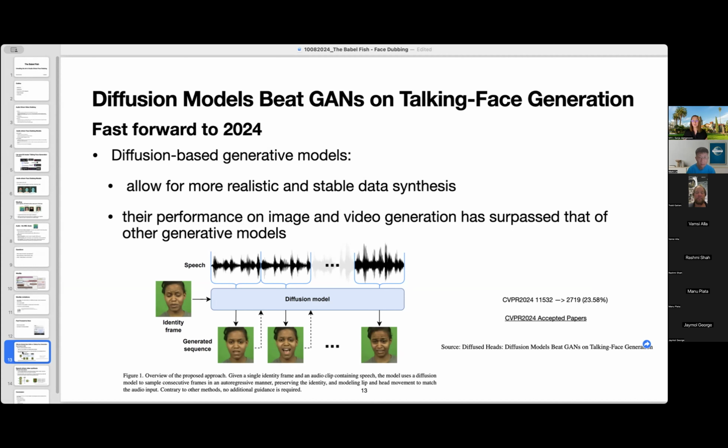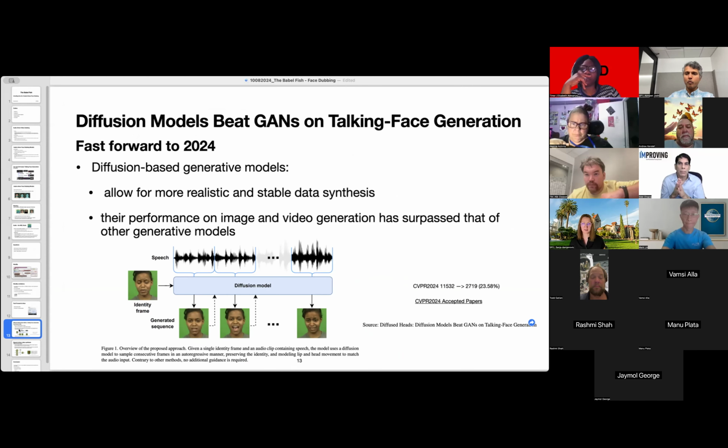What is specific for this conference, and I think all other AI conferences, is that they had 11,532 submissions, and only 2,719 papers were accepted to be presented in one form during the conference. And you can access all papers as it's open access.